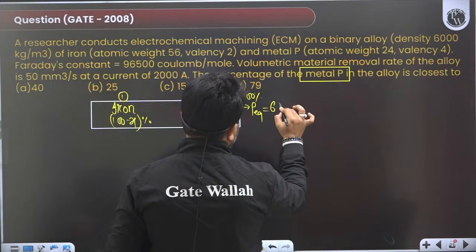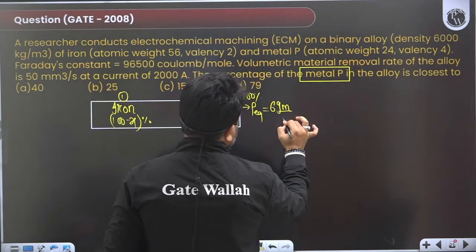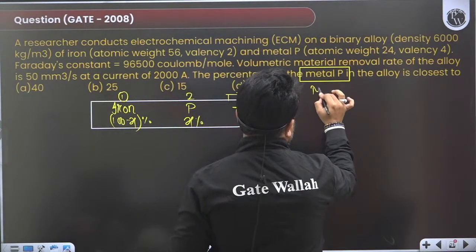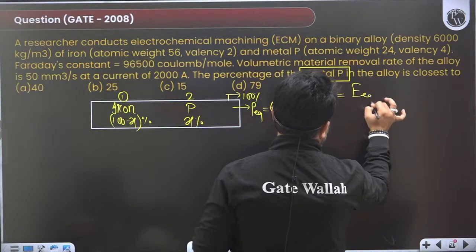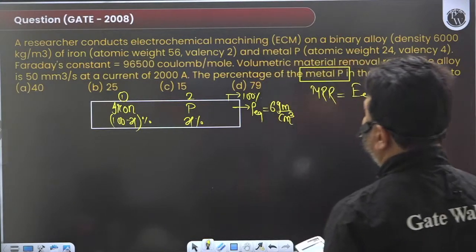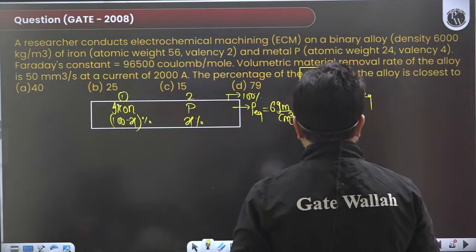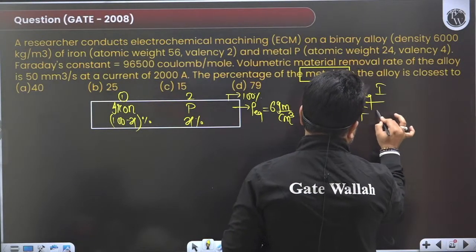That is 6 gram per centimeter cube. So MRR is E equivalent into I divided by F into rho.